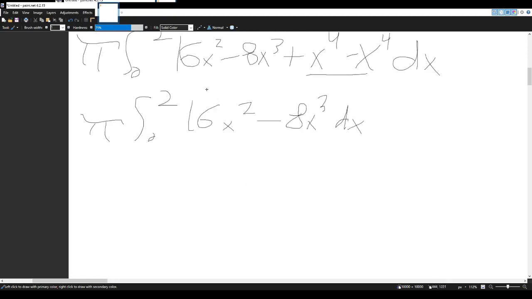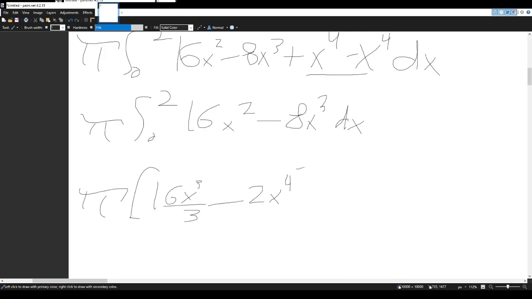Okay, so now we can do an antiderivative. Of course, we still have the pi out there, that's going to stay there. Simple power rule two times, we have 16x to the third over 3 minus, that's going to be x to the fourth, so I can do a little shortcut here. Otherwise we would do 8x to the fourth over 4, but that's obviously just going to simplify to 2x to the fourth.